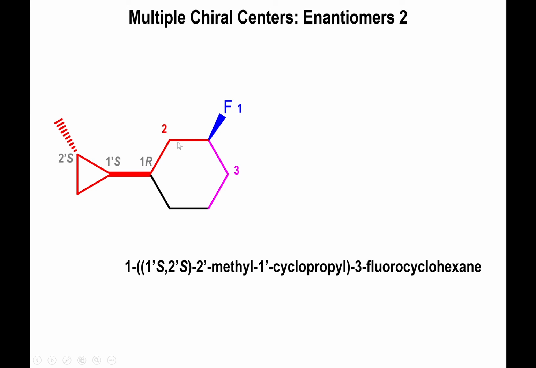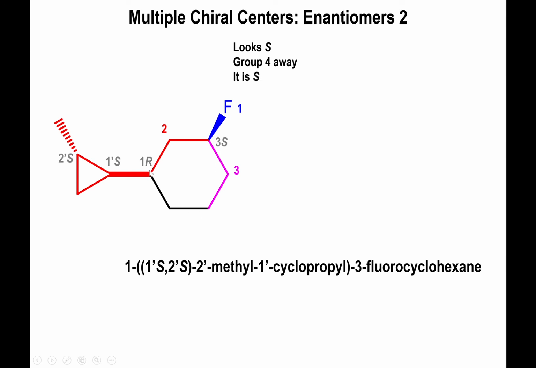And going from 1 to 2 to 3, this looks like a counterclockwise rotation, meaning that this is the S configuration. Since the bond is bold, the hydrogen is pointing in the opposite direction from where we're looking. And because of that, the S rotation that we seem to have here is indeed what we have. This is an S configuration.